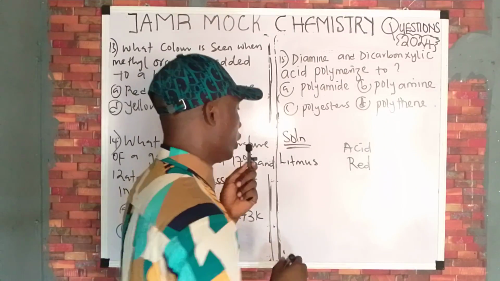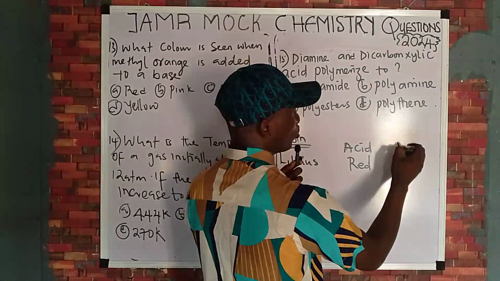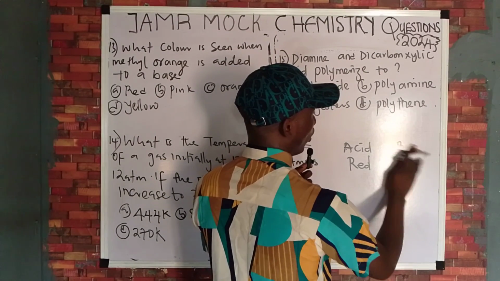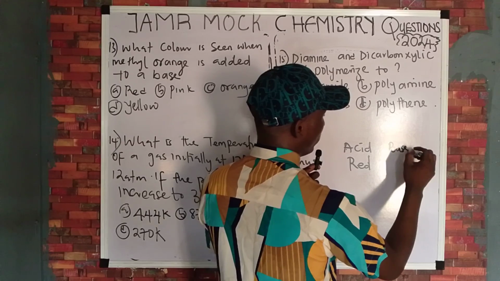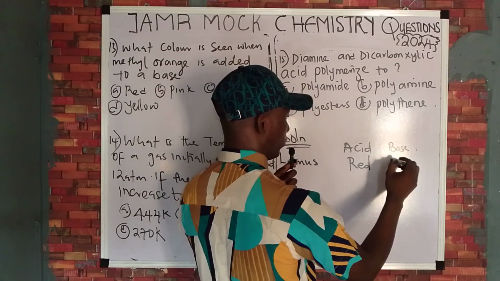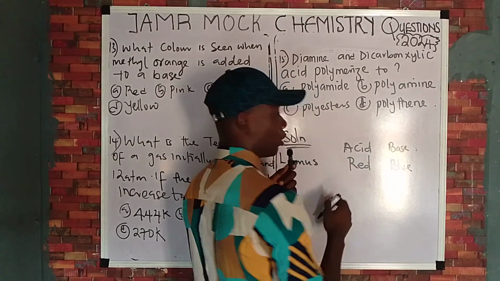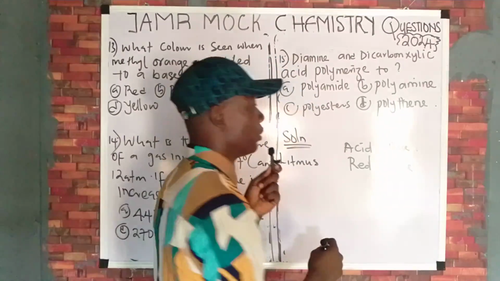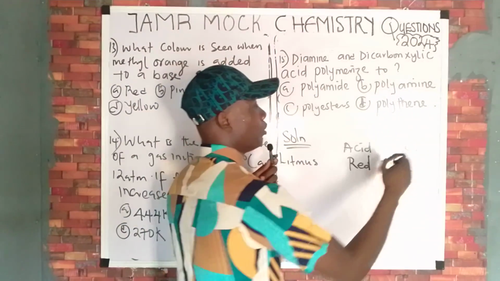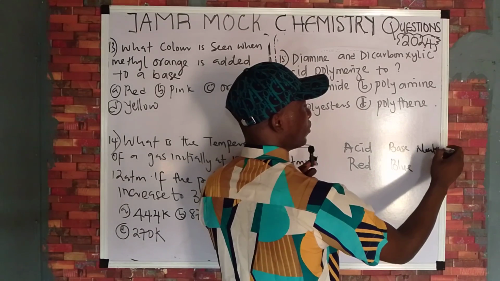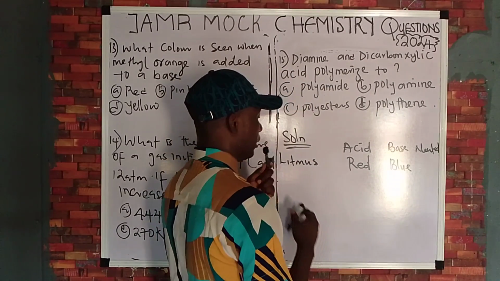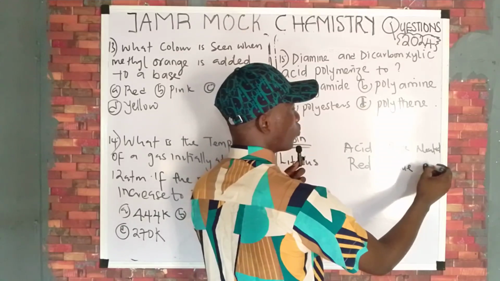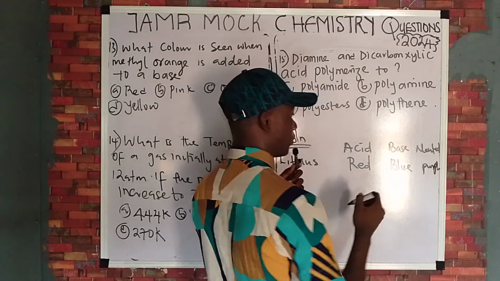Take note of that. If you put a litmus paper to a base, the color will give you blue. So base turns red litmus to blue, while acid turns blue litmus to red. If it is a neutral solution, the effect on litmus paper will be purple. Take note of that. Okay.